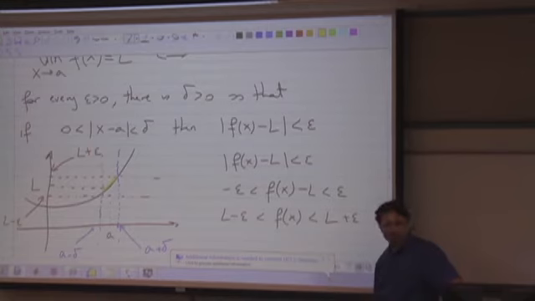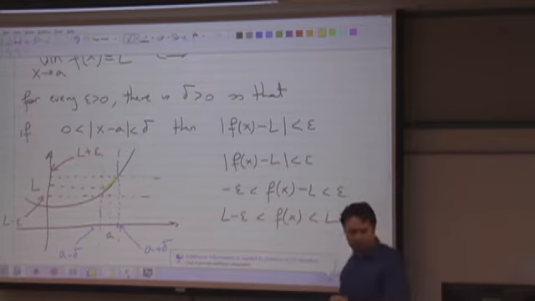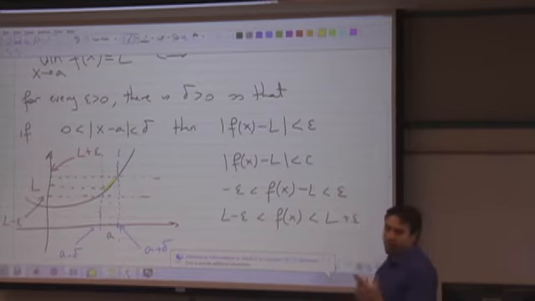What are the odds that if you flip a coin, you get a head? 0.5, right? You have half a chance of getting a head, half a chance of getting a tail. There's something called the law of large numbers, the law of averages. Take a coin and flip it 10 times. What are the chances of you actually getting 5 heads and 5 tails?